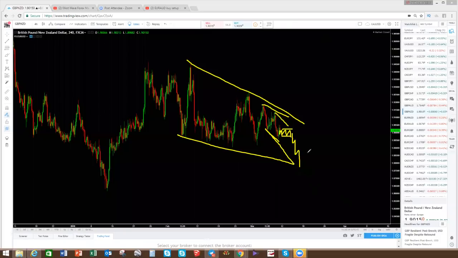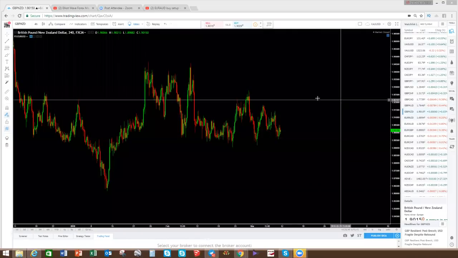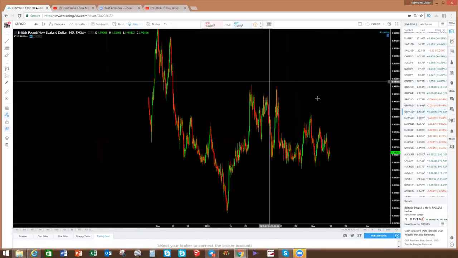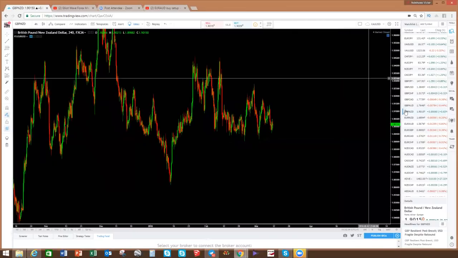Maybe it gives you this correction here. If it gives you a structure like this, then you know that you want to buy it here, and it will come back here and retest before it goes back up there, and then to the level that we're looking at, which is the retest of this top of the swing here. Okay, so that's Pound New Zealand.